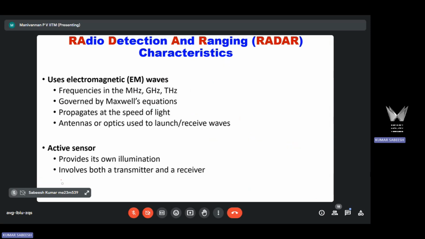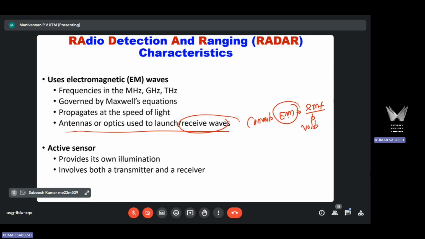Now let us come back here. The antenna receives the signal and converts the electromagnetic wave. What is an antenna? It is a conducting rod. Any conducting wire or rod is an antenna. It converts the electromagnetic wave hitting it into an electrical signal. We say EMF, electromotive force, which is nothing but volts. If an electromagnetic wave hits a wire, depending upon the energy of the wave, a voltage is induced.